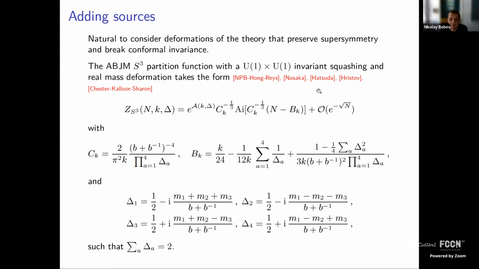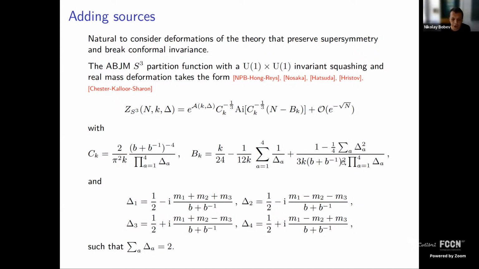And there are these 4 parameters that I know about: 3 masses, M1, M2, and M3, and a squashing of the sphere that keeps U(1) times U(1) invariance. So they're very special sources, but in the presence of those sources, we conjecture this expression here for the path integral.